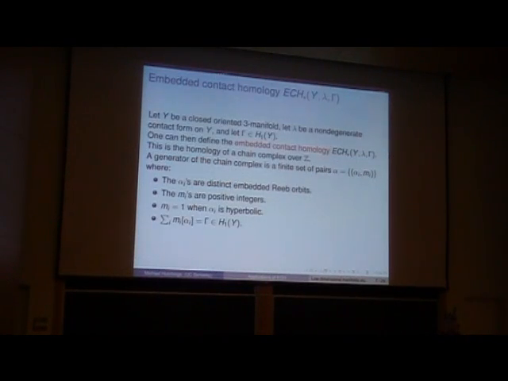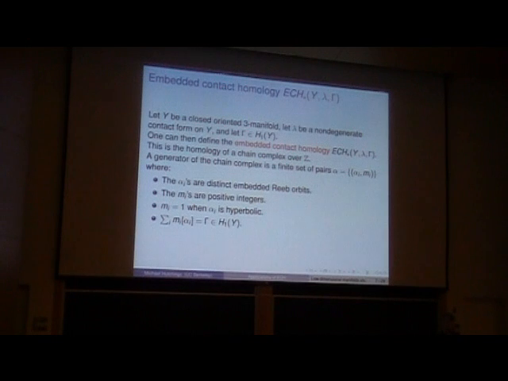So we can now talk about embedded contact homology. If I have a closed oriented three-manifold and a non-degenerate contact form, and I also choose a one-dimensional homology class gamma, then one can define the embedded contact homology. This is the homology of a chain complex over Z. The generator of this chain complex is a set of embedded Reeb orbits with multiplicities.